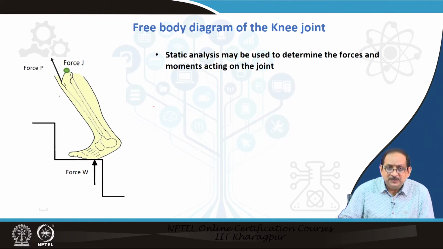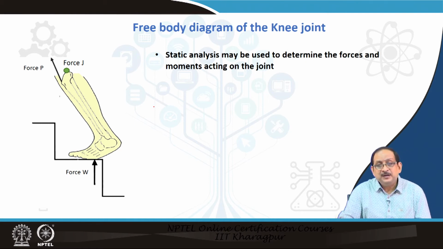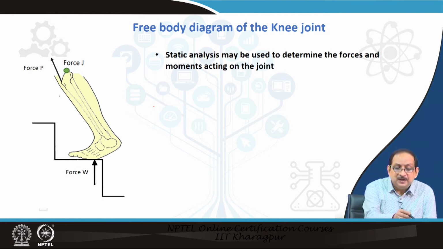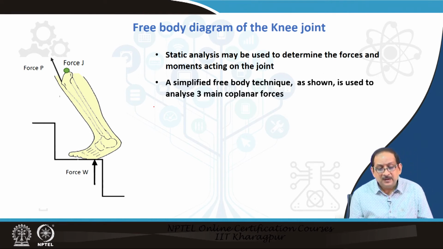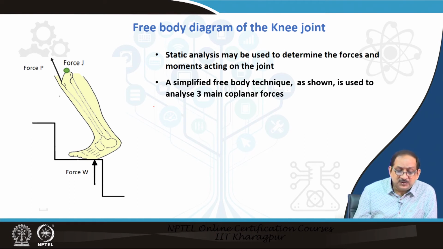Let us now enter into the second topic, the free body diagram of the knee joint. Now, static analysis may be used to determine the forces and moments acting on the knee joint. So, on the left we see a limb segment where the forces are indicated.